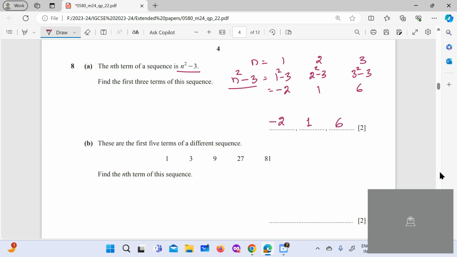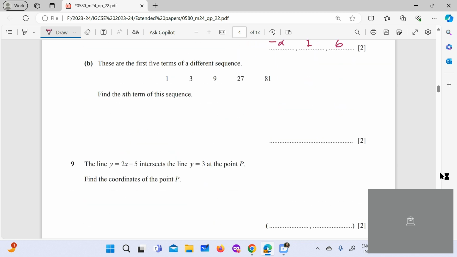Now the next question is, these are the first 5 terms of a different sequence: 1, 3, 9, 27, 81. Find the nth term of this sequence. So let us see whether this is an arithmetic sequence or a geometric sequence. Looking at this very clearly, we can see that the sequence is increasing with the multiple of 3. So every time we are multiplying by 3 to get the next term of this sequence, right?